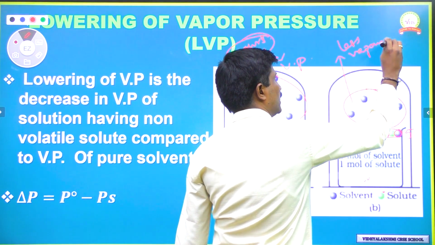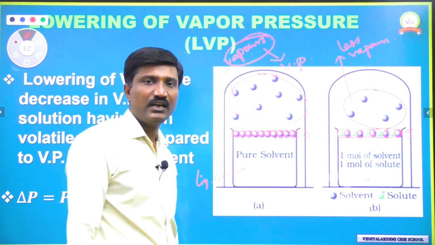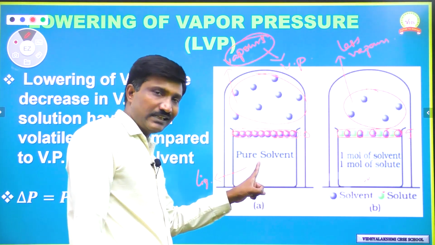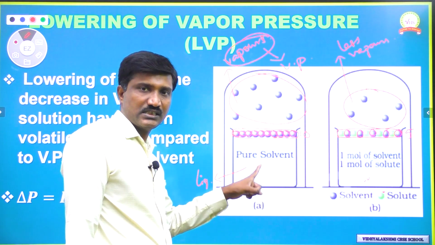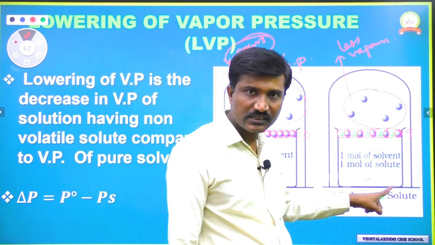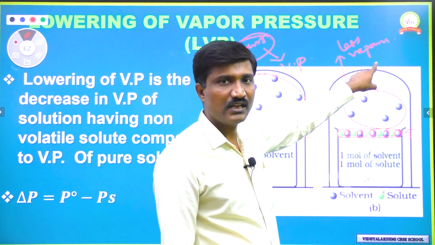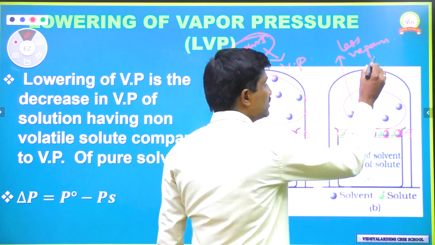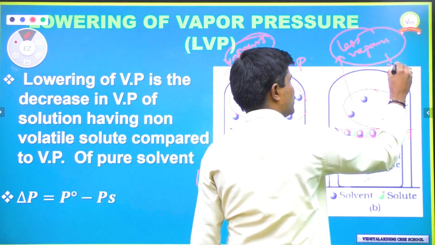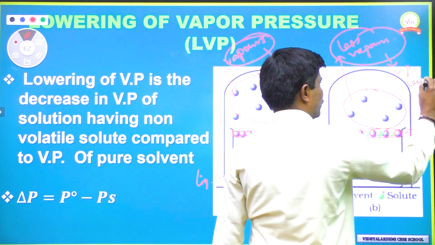Depending on the number of vapor molecules, the vapor pressure of that liquid depends. So in the case of pure solvent, vapor pressure is more, but in the case of the solution state for the same solvent, vapor pressure is less. These fewer vapors produce a lower vapor pressure.